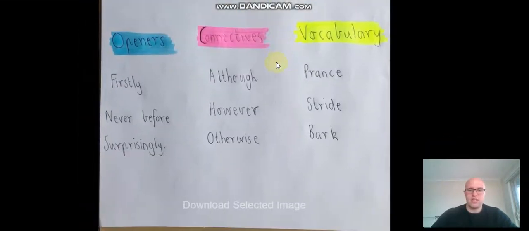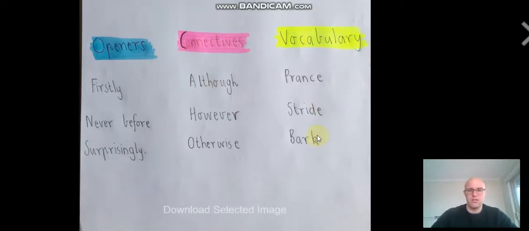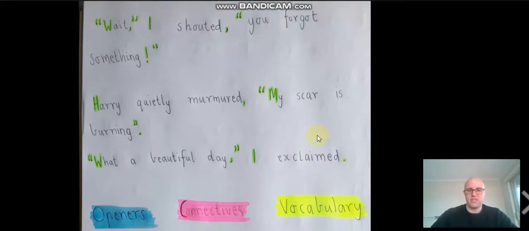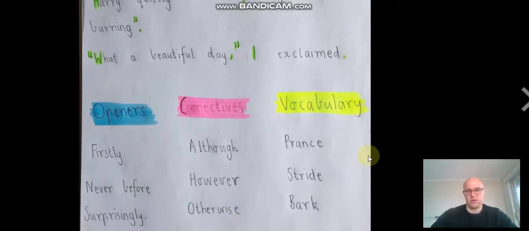Now, the extra challenge. I've got 3 openers, 3 connectives, 3 vocabulary words. Your extra challenge, if you want it, is to use these words in your sentences. If you want an extra challenge on top of that, so that's like the first extra challenge. The extra challenge on top of that is to write a short story that has 3 different types of quotation marks used and all of these words in there.